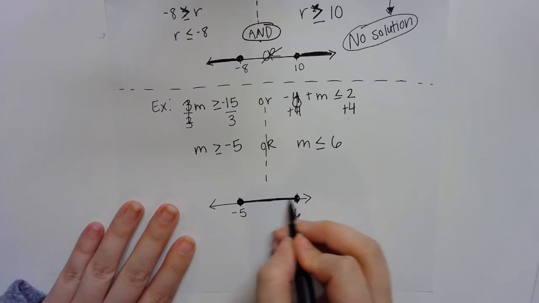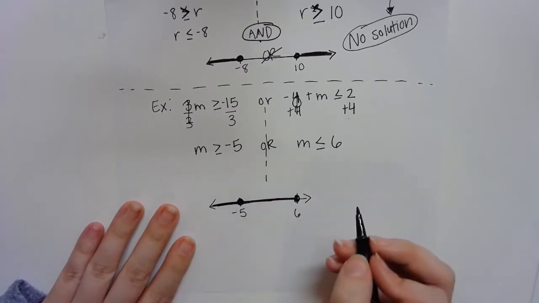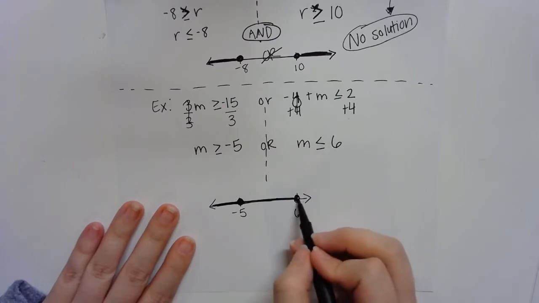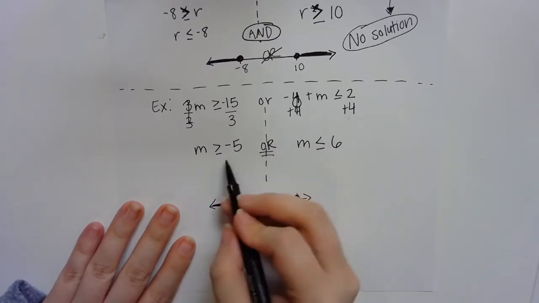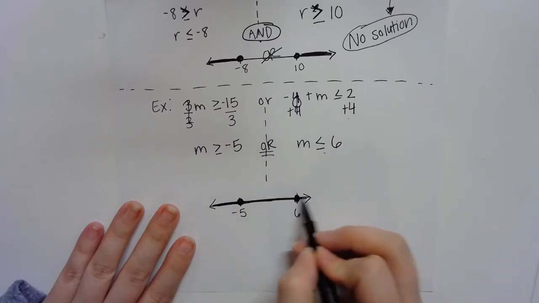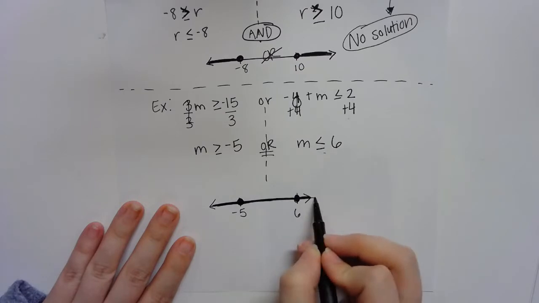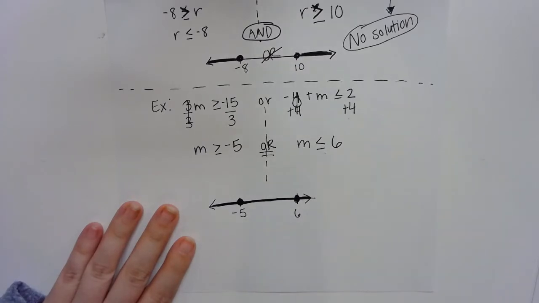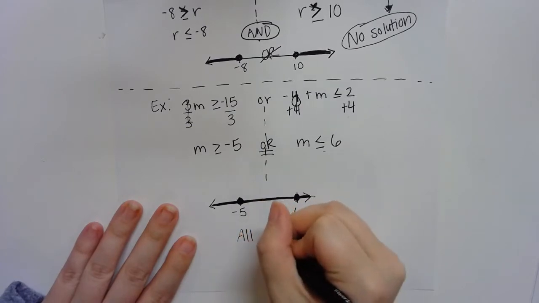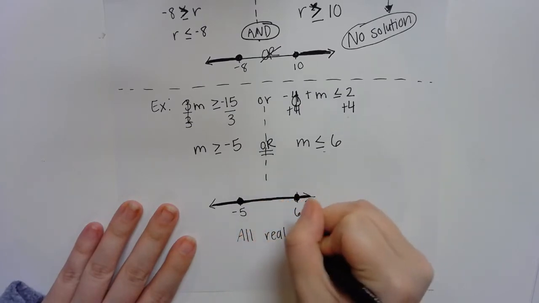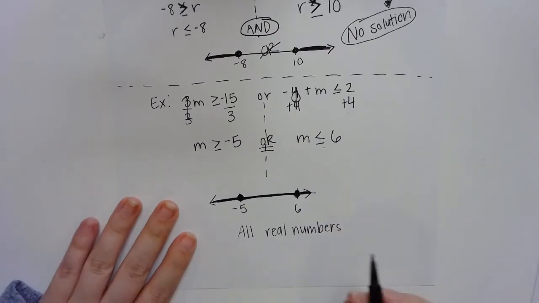But this is an "or." So remember, I'm covering all the numbers that are less than or equal to 6, and because "or" means it can satisfy either one, I'm also covering all the numbers that are greater than or equal to negative 5. Well, I've shaded my entire number line, which means that the solution to this one would be all real numbers, because no matter what number I put in there, it would always be true.